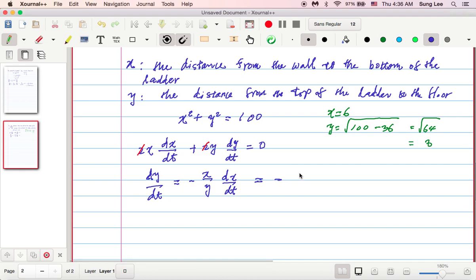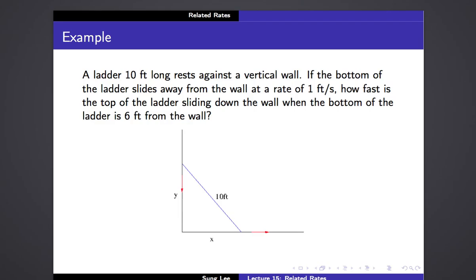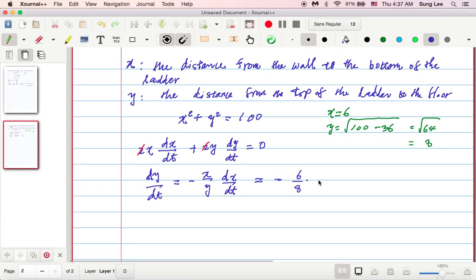So we have negative 6 over 8 multiplied by dx/dt. dx/dt, that's 1 foot per second, okay? So times 1, that's going to be negative 3 over 4.